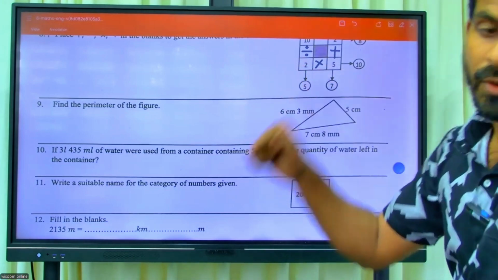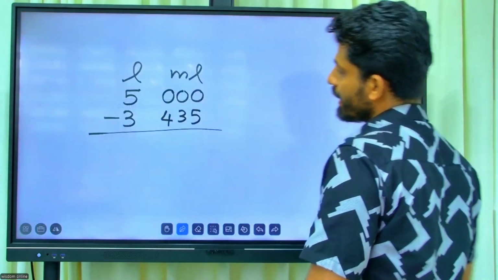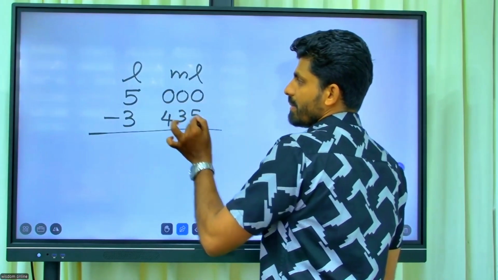They are asking for the quantity of water left. Right. We cannot subtract directly.